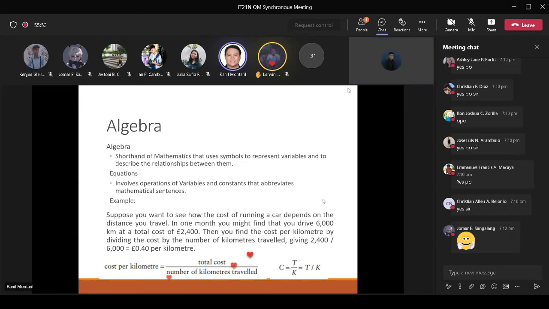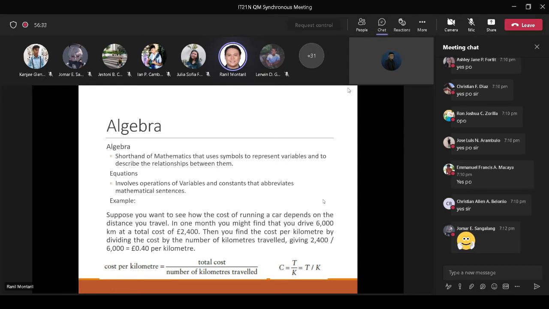So let's now proceed to the next one, which is algebra. I believe everybody has taken algebra, because it's one of the basic mathematics, especially up to college. Algebra is a shorthand of mathematics. In other words, from a textual expression, from a written story, we normally express it into a mathematical sentence, which we discuss as a symbolic model.